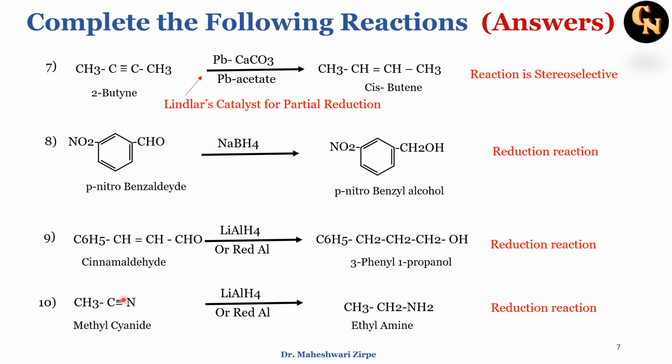So out of the 3 bonds, 2 bonds are going to get reduced to single bonds, that is, you will be getting CH3CH2NH2, ethylamine. So if you want to increase the number of carbons from the starting material, we can use reduction of cyanides. So methyl has been converted into ethylamine.